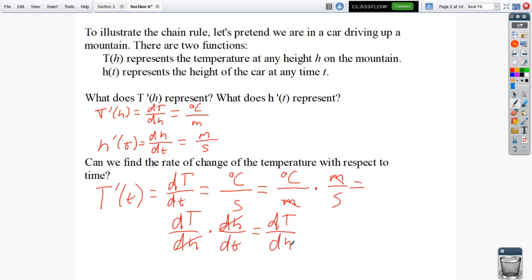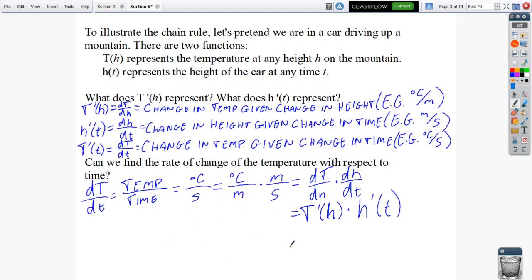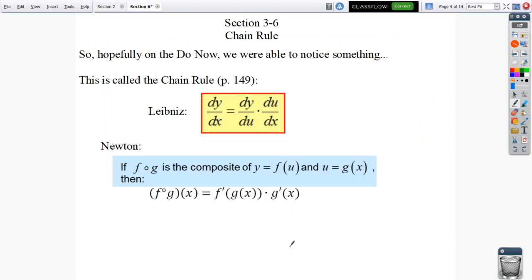In order to use the chain rule, we need to look at two different functions, where we have the T of h and the h of t. We're going to essentially be taking the derivative of our outside function and multiplying it by the derivative of our inside function. It looks complicated, and sometimes people think it is, but we'll get there.